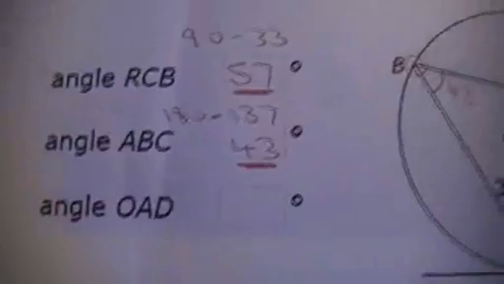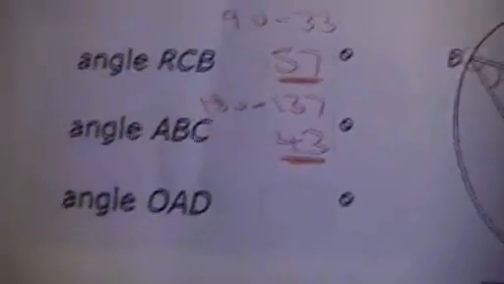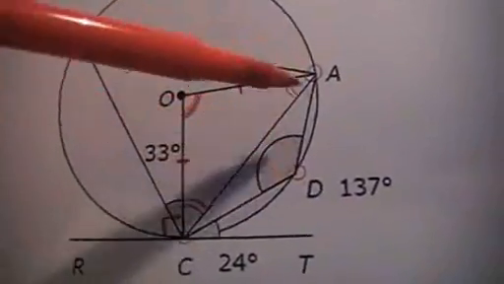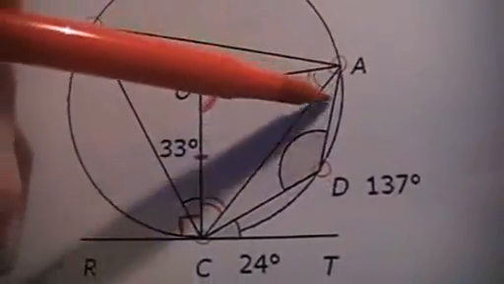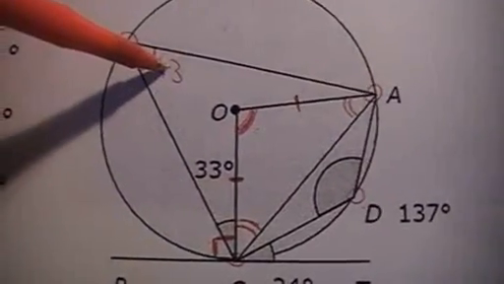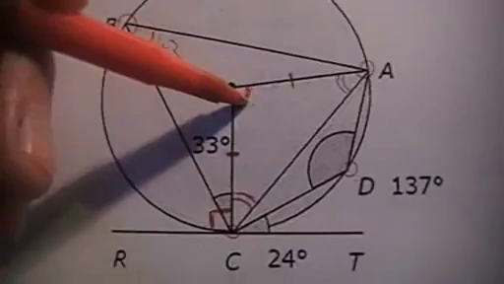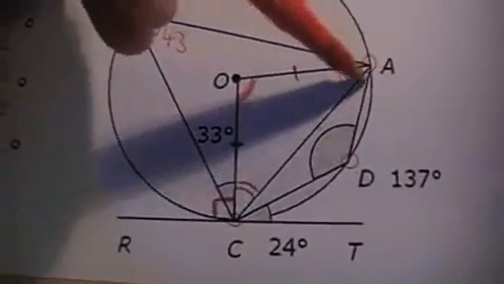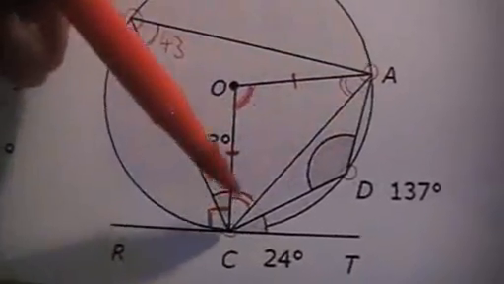Now the last one, you have to calculate nearly every angle, I think. So O to A to D, O to A to D. So it's this whole angle in here. Well, let's start by getting 43 here. We know that the angle at the centre is twice the angle at the circumference when they're subtended by the same chord or arc.